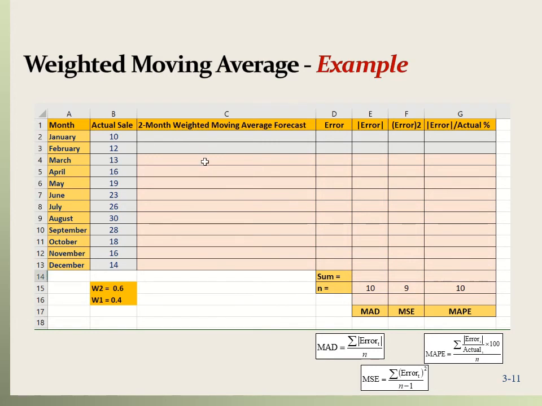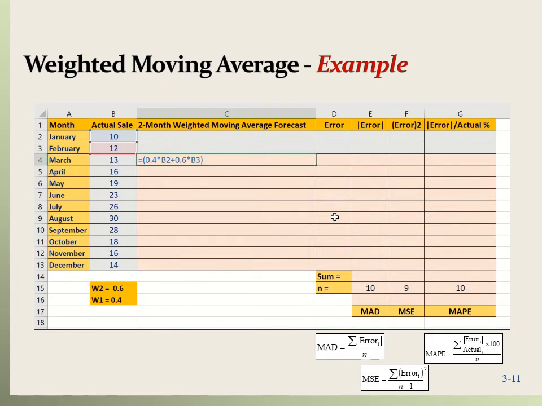Okay, so let's start working on this. That's going to be our lowest weight, 0.4, multiplied by sales from January, plus 0.6, the highest weight, multiplied by the sales for February, the most recent.